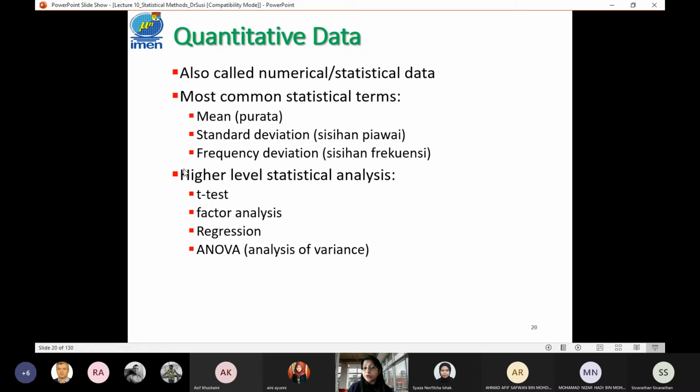If there's no need, you don't need to go into higher level statistical analysis. You can just use normal histograms, graphs and regression lines to answer your research questions. There is the t-test, factor analysis, regression, and also ANOVA, analysis of variance.